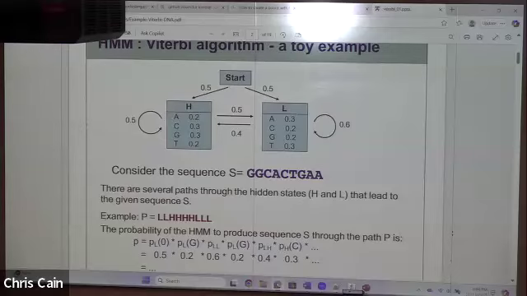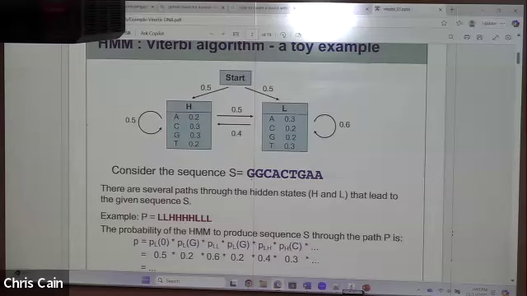So the probability that a particular path is chosen would be, let's say, what is the probability that the G came from the high versus the low? Well, we just look at starting. There's a 50% chance that we start in high and a 50% chance that we start in low. Given that we start in high, the probability that the first character is a G is 30%.